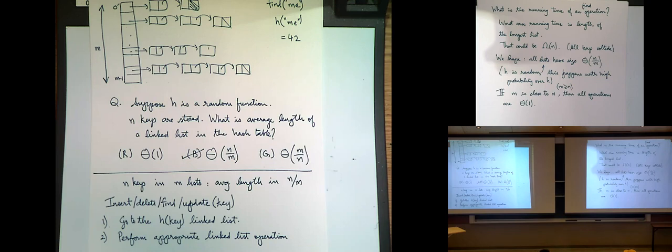Because you can just go to that linked list and you find it immediately. If your linked lists were long, finding is going to take longer. But I'm saying why not just cut out the linked list altogether and just have an array of tuples? Okay, good. So we'll come to that. That's called open addressing.